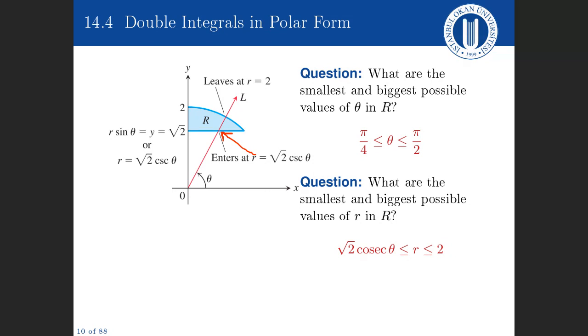So the smallest possible r is going to be root 2 cosec theta. And what is the biggest possible value of r here along this line? When this ray leaves the region R, on the circle r equal to 2. So the biggest possible r is going to be r equal to 2. If we integrated over this region, then we would have theta between pi over 4 and pi over 2, small r between root 2 cosec theta and 2.